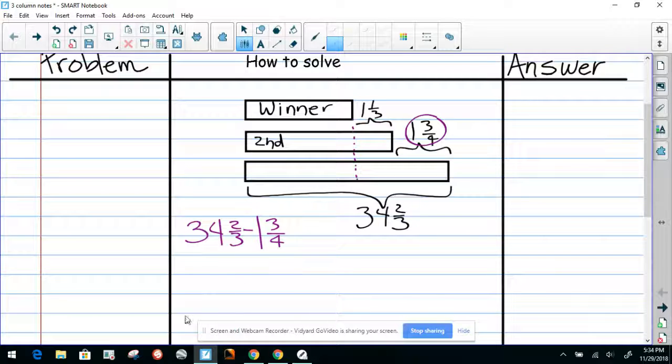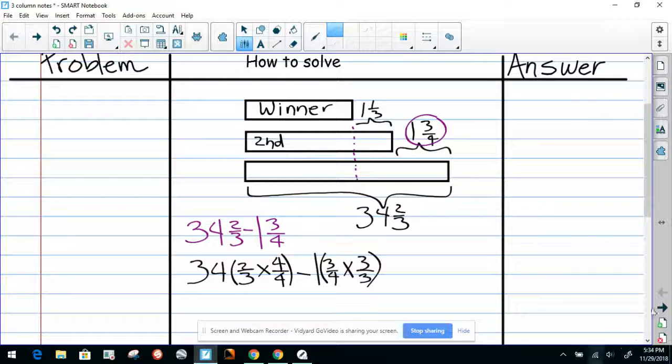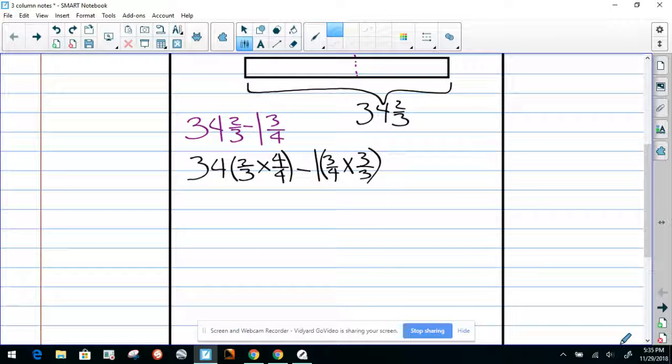As you can see, we don't have a common denominator, so the normal procedure that you should all know is: 34, 2/3 times the opposite denominator, which is 4, minus 1, 3/4 times the opposite denominator, which is 3. So let's solve that. It's going to be 34, 2 times 4 equals 8, and 3 times 4 equals 12, minus 1, 3 times 3 equals 9 on the numerator, and 4 times 3 equals 12.